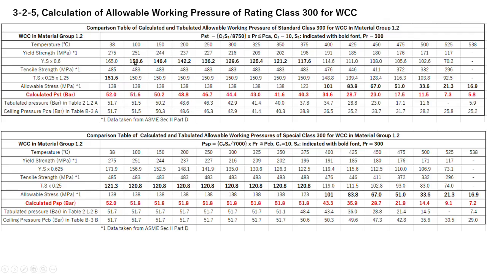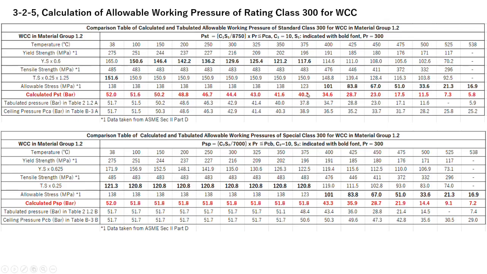So 100 to the 375 indicated a lower value for yield strength marked by 0.6. So indicated with bold font for S1 assignment. So 375. So allowable stress value indicated here.